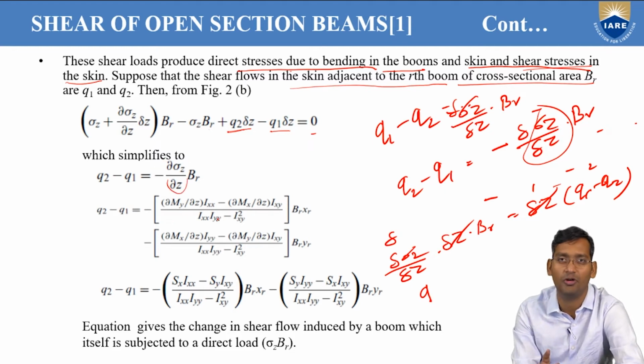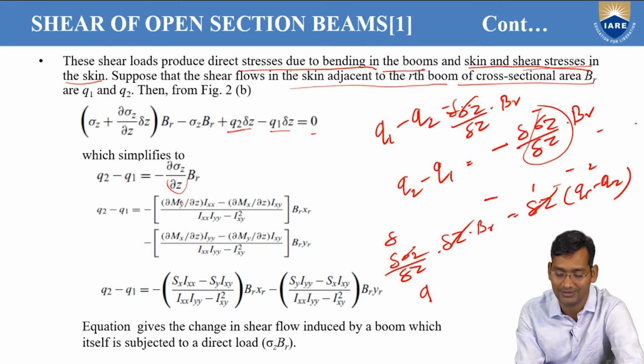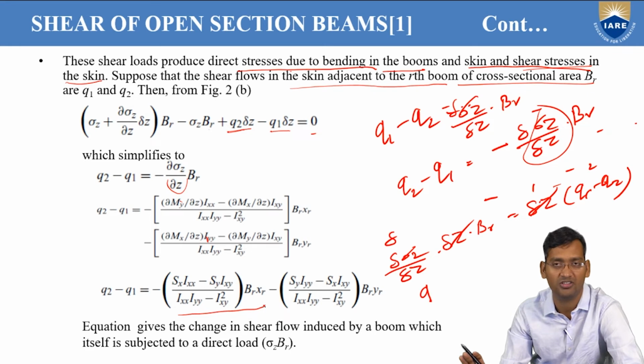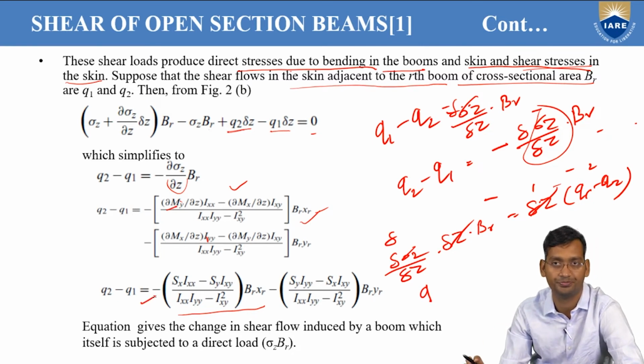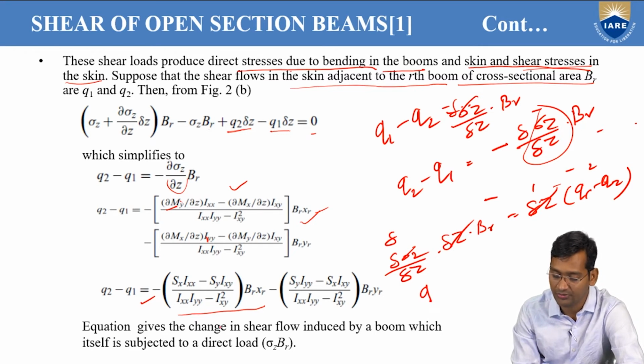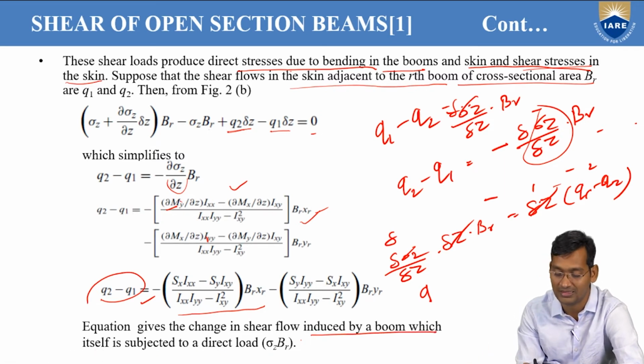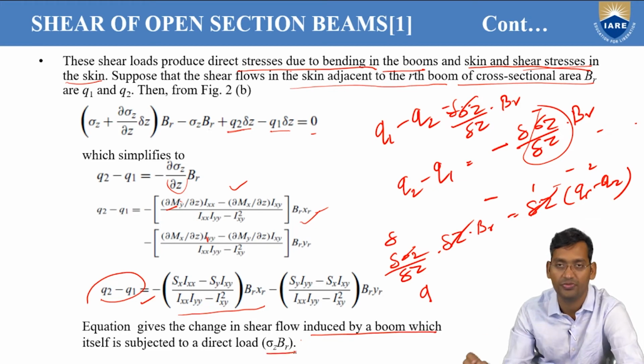We already found del sigma z by del z in the first step, in terms of moment, or you can use it in terms of stress, and here in terms of shear load Sx. Don't get confused, we have already seen these two equations; substitute from them here. Now the equation gives the change in shear flow, that is Q2 minus Q1, which is the change induced by a boom that is itself subjected to direct stress, meaning it is itself experiencing a load of sigma z into BR.